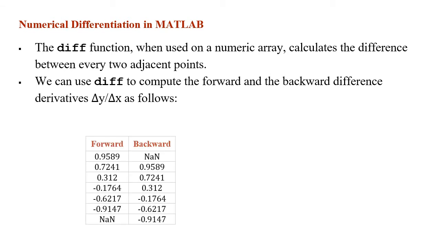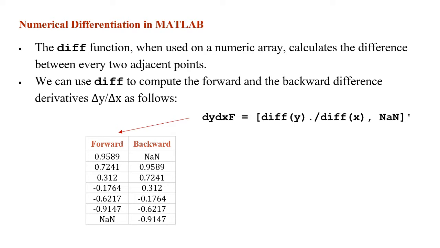So this is from the table in the previous slide for the backward and the forward difference derivatives. We can use the diff function as such to calculate the forward difference derivative. I saved the result in a variable named dydxf, short for the forward difference derivative.